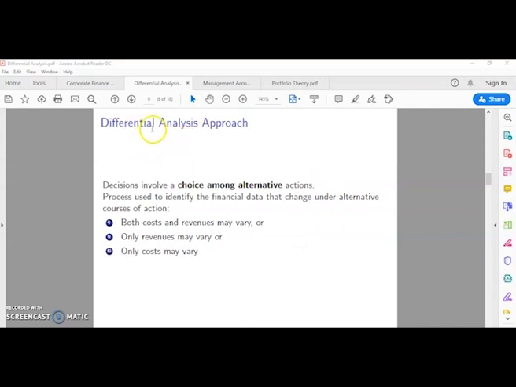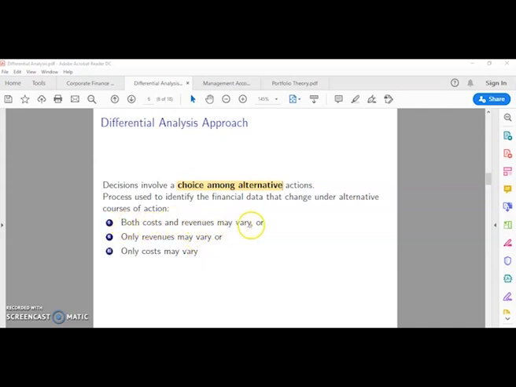So, what exactly is the differential analysis approach? In fact, decisions involve a choice among alternative actions. So, when we have the differential analysis approach, we want to make a choice among different alternatives. The process is used to identify the financial data that change under alternative courses of action.